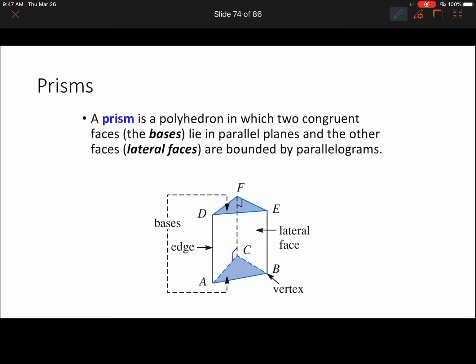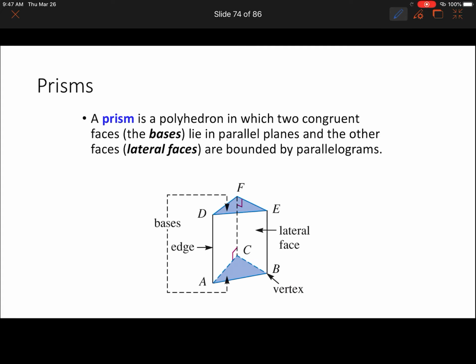Now, the next type that we're going to talk about is what we call a prism. So a prism is a polyhedron that has two sides or two faces that are congruent, so they're the same size and shape, and they're also parallel to each other.